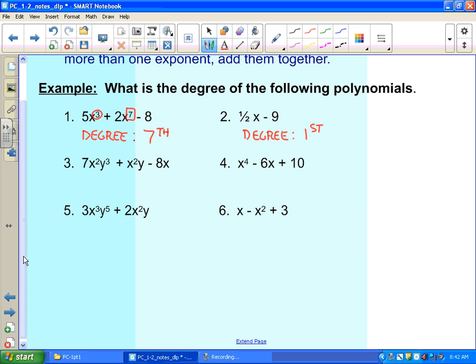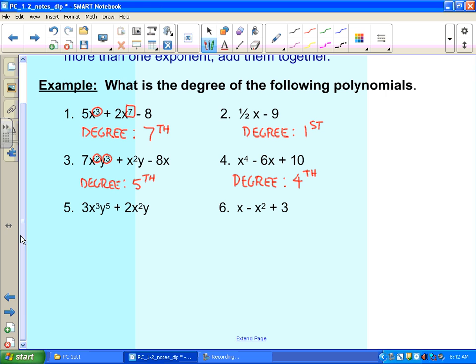Now when you have a term that has 2 different variables, and they in turn have different powers, then we combine the exponents to determine the degree. So we have a power of 2 for the x, power of 3 for the y, and that is a single term right there, which means it's 5th degree. Over here, number 4, 4th degree. Once again, on number 5, we've got 3 and 5.